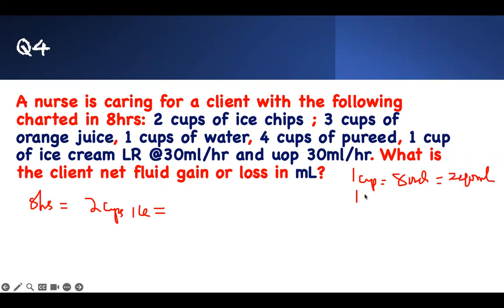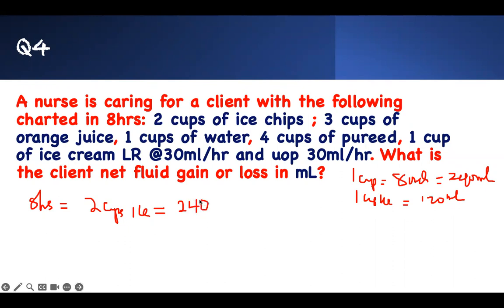If you have 1 cup of ice, it will be half because it melts into half. So 120 ml. That's what we need to do. So somebody with 2 cups of ice, you don't multiply it by 240, you do 120 times 2, which is 240 ml.